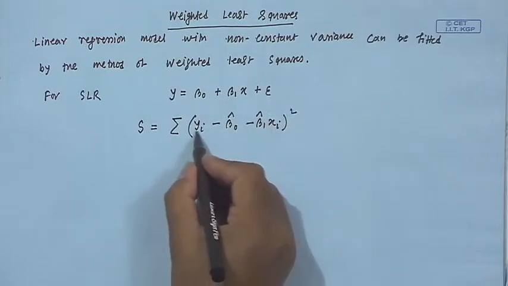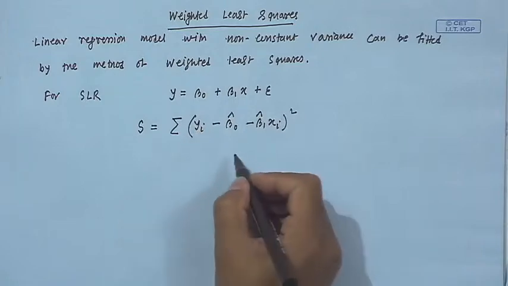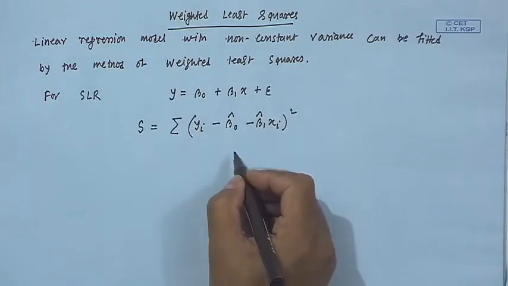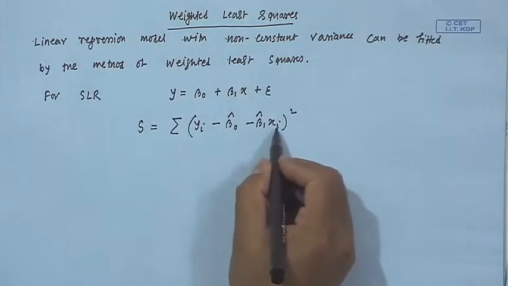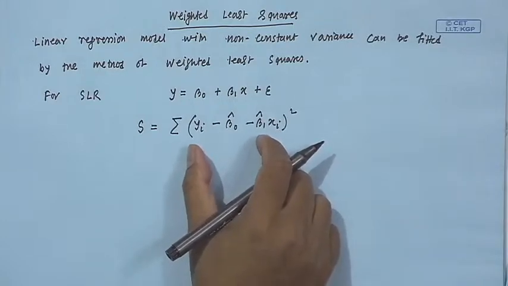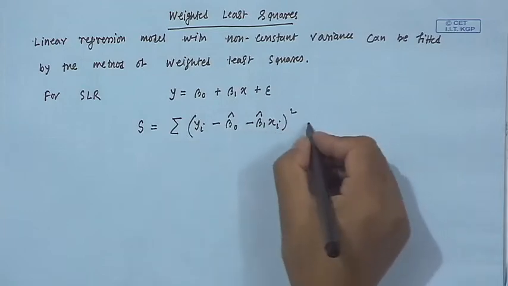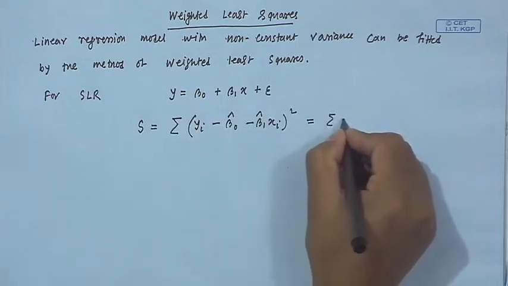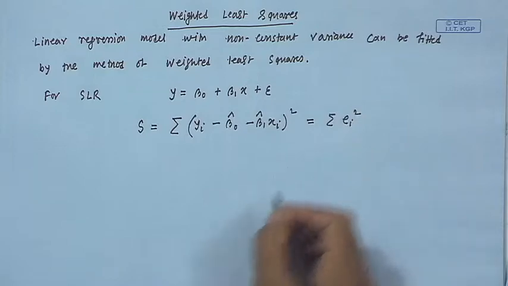So, this is the observed response and this is the fitted response, and this quantity is the residual. So, this is nothing but the ith residual e i square.